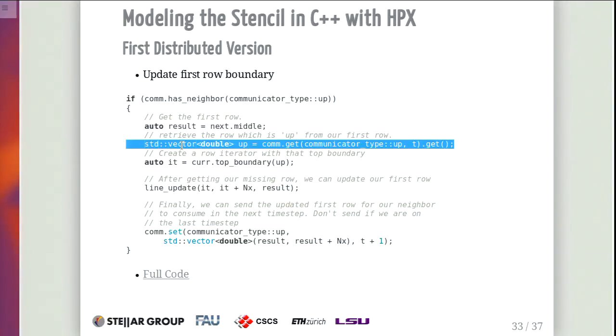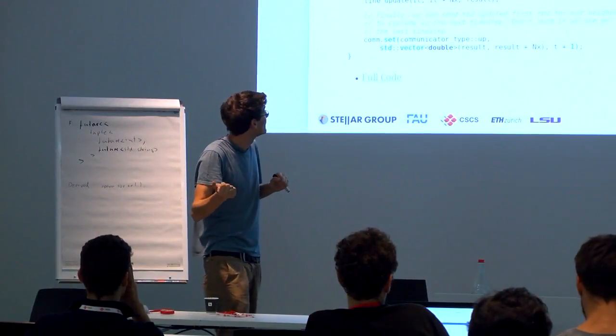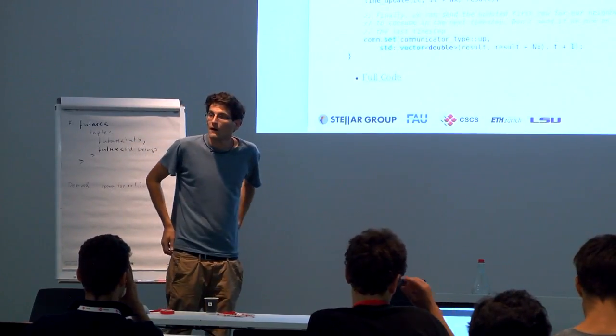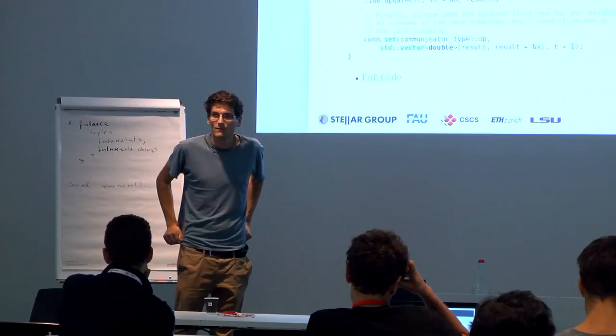So essentially, if we are at the top, the up iterator would point to an invalid memory location, right? And if we would dereference it, we would run into a seg fault or any other diagnostics that come from the iterator interface.